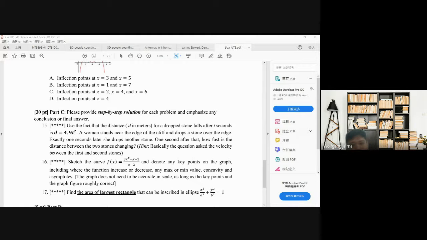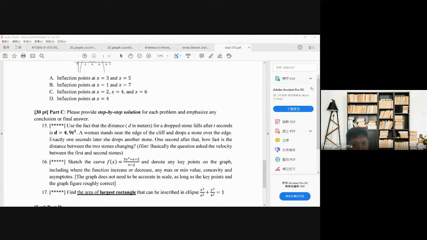So for example, if I give you a question, what is f(x) equals to, let's say, x squared, okay? What is the derivative of f inverse at x equal to 4? How to solve this?